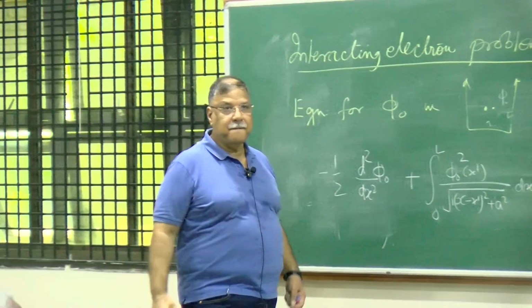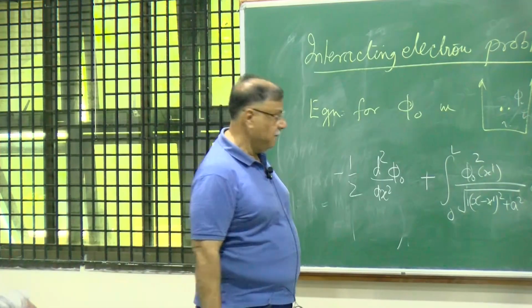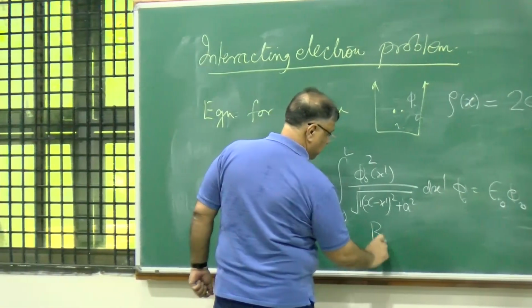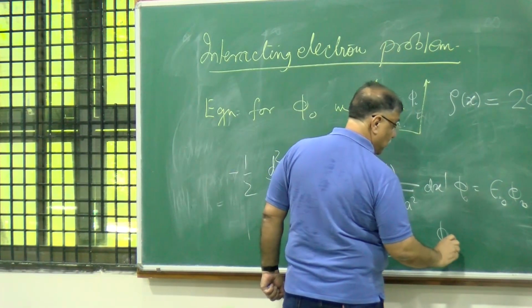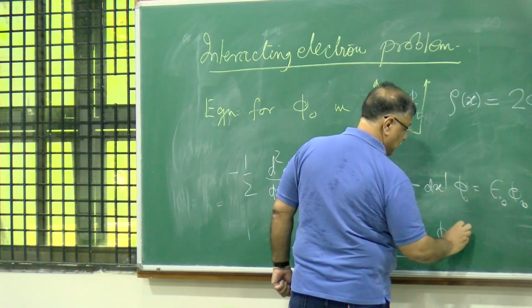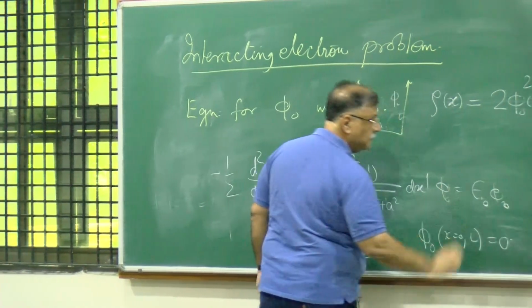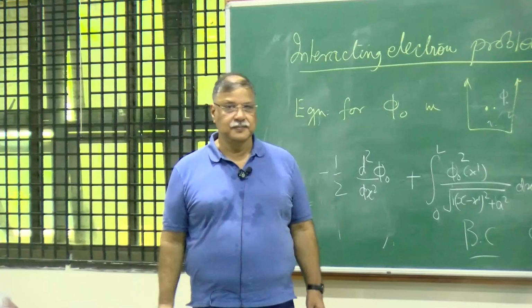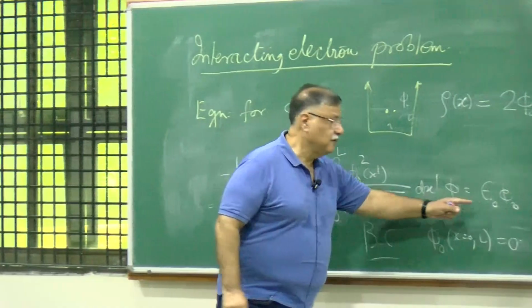All right? Boundary conditions? It's not a wave function, it's an orbital, approximate orbital, right? At x equals 0, L is 0. Now, there is phi naught occurring on both sides.